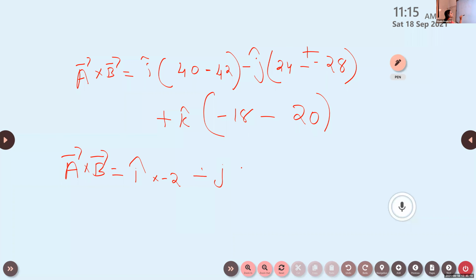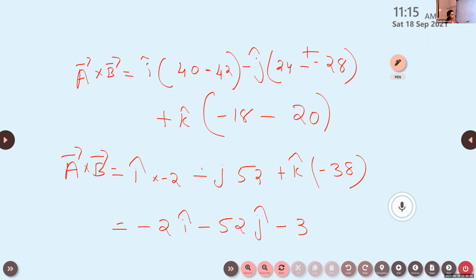Minus j into 52 plus k cap into minus 18 minus 20, that is minus 38. The answer is minus 2 I cap minus 52 j cap minus 38 k cap. Is it right? Yes, ma'am.